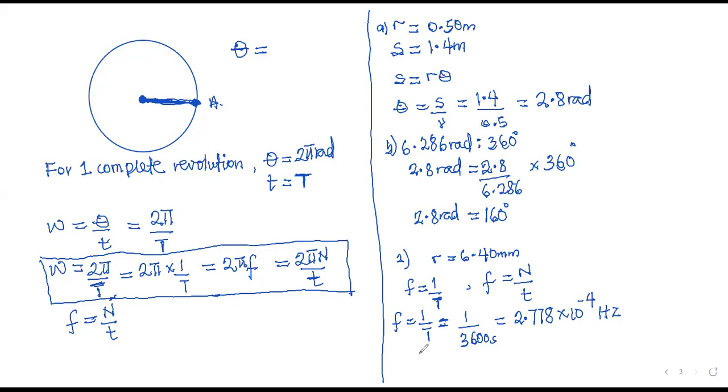Okay. So the next question also seeks to find its angular velocity. And because angular velocity omega is given by 2 pi f, this is 2 times 22 over 7, or you can also use 3.142, times 2.778 times 10 to the power minus 4.